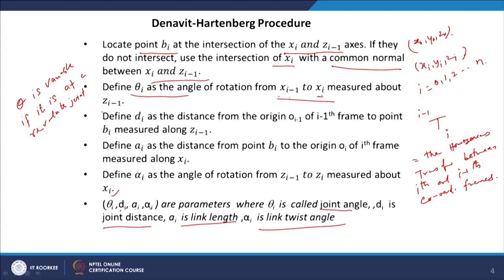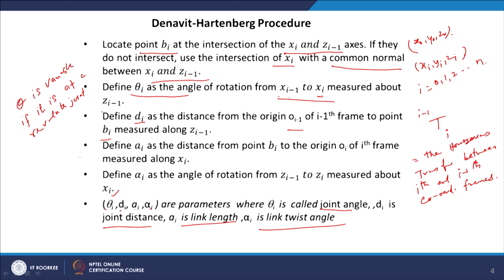Now the joint distance di, it is measured from Oi minus 1 of the ith frame to the point Bi. So already we have defined what is Bi. So if you want to calculate d1, the joint distance d1, we have to see O suffix 0, that is the base coordinate frame's origin and the point B1.